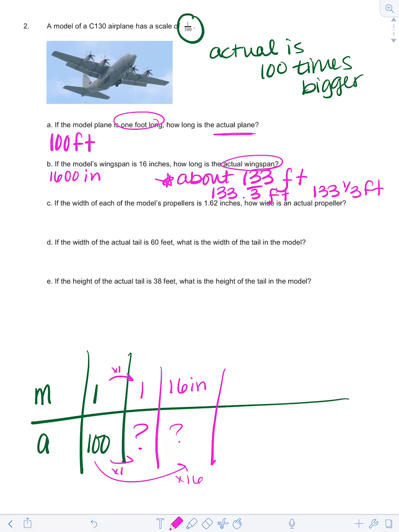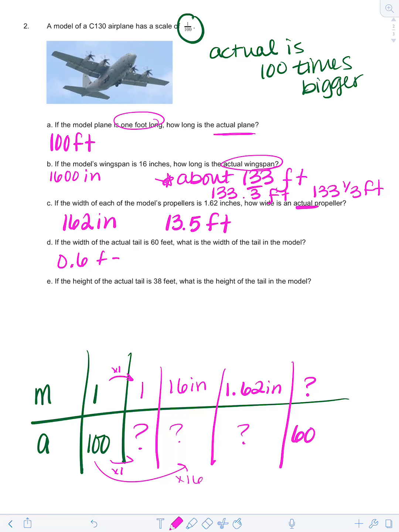Okay, C, we know the model is 1.62 inches. What's the actual? You multiply by 100. 1.62 times 100 is 162 inches. We want to know the actual, which would be 13.5 feet. Okay, for D, the actual is 60. So this is where you're trying to find the model. That would be 6 feet.